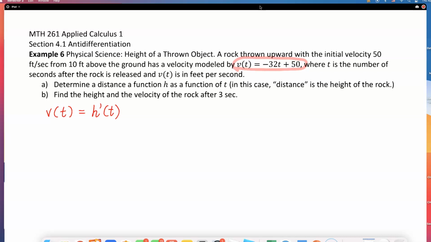So we need to go backward. Write down that h of t is equal to the integral of v of t dt. So we're going to find the antiderivative of negative 32t plus 50 dt.